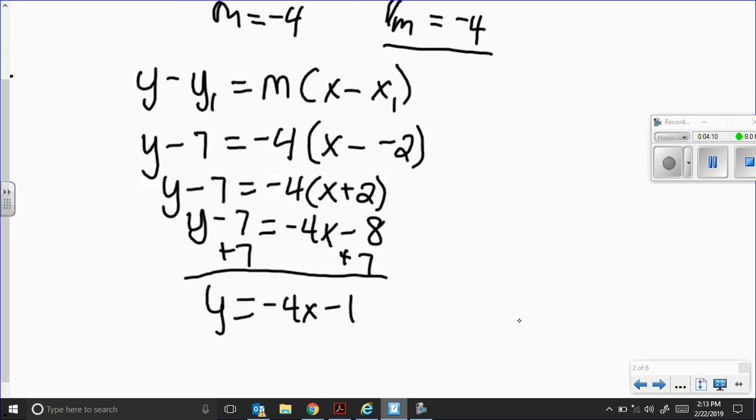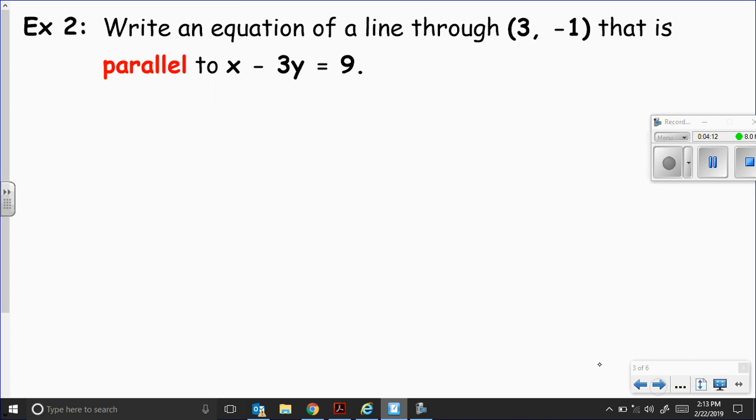All right, so let's try another example. Example 2. We want to write an equation of a line through 3, negative 1 that is parallel to x minus 3y equals 9. So remember, the first thing we need to do is find our original slope. Well, because this one is not in slope-intercept form, we need to do that first. So we're going to subtract x from both sides.